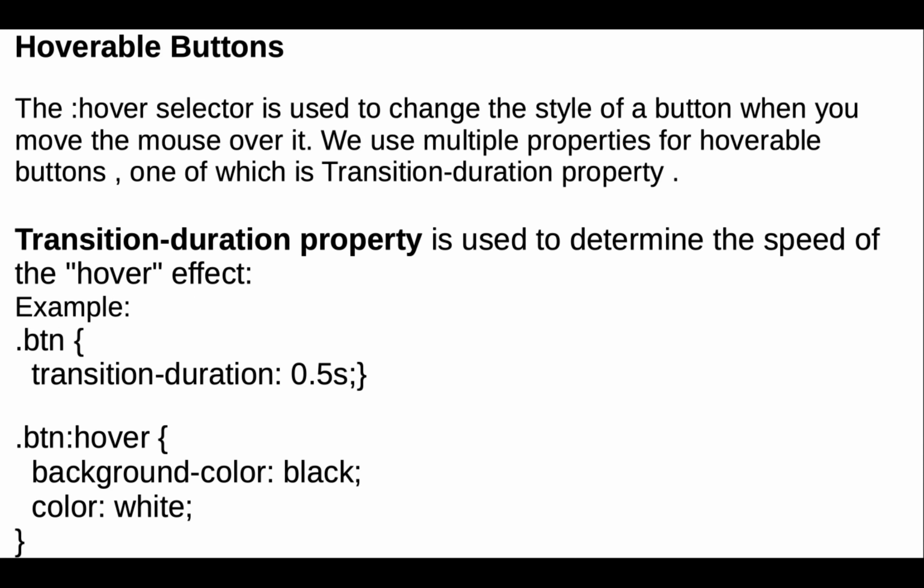For example, make one class btn and here we use the transition duration property. Here we set the duration in seconds, like 0.5 seconds, and we use this class btn and we use the hover selector. In between that we add the effect after the hover.